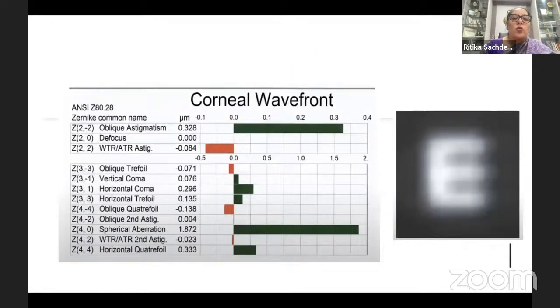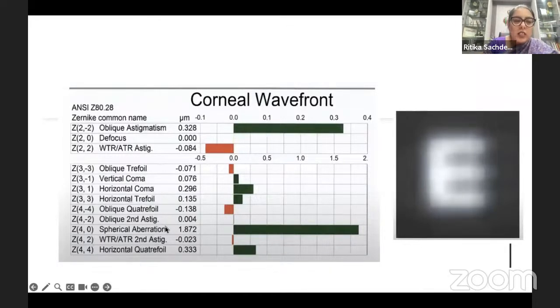Now, what happens when you do a myopic LASIK? A myopic LASIK will make the central cornea flatter, right? So the peripheral rays will then come to a focus more in front because the central cornea has become flatter. So the spherical aberration, which was positive to begin with, will increase much more. So myopic LASIK, because the central cornea is becoming flatter, will increase positive spherical aberration.